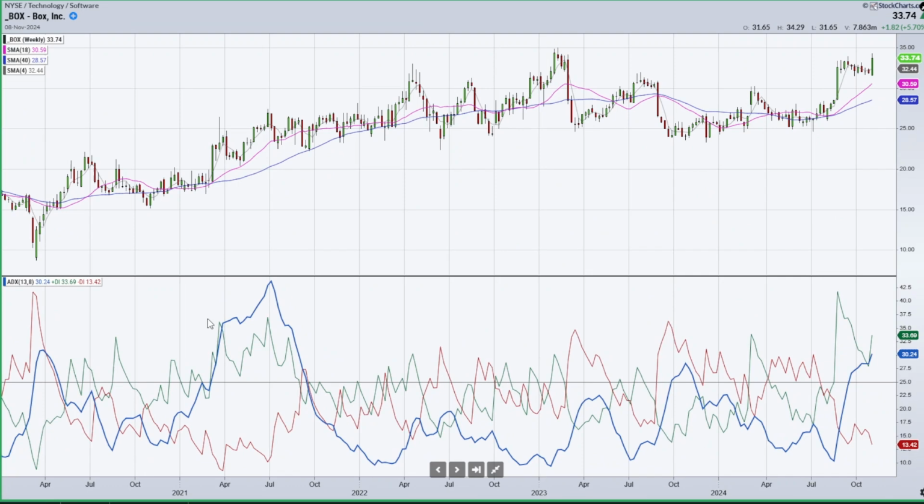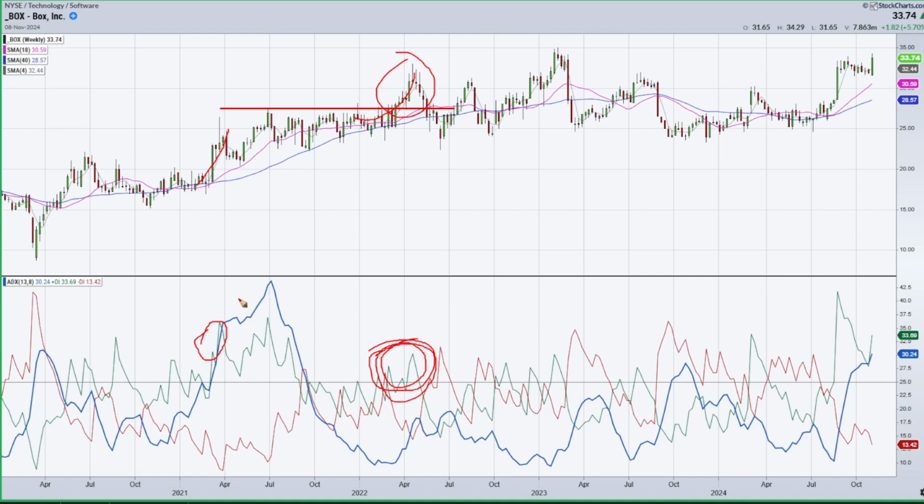I want you to just understand how this can be used as a great tool to, number one, confirm a move or refute it. If we're going to a new high and we see there's a problem, that's a huge advantage. This looks like a big breakout, but the ADX is telling you, no, this is not a good sign, and we've got to be on the lookout for that.